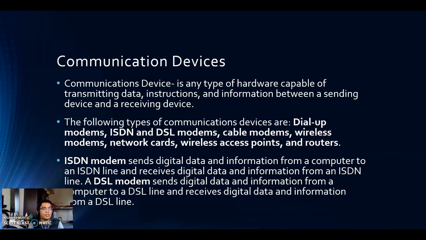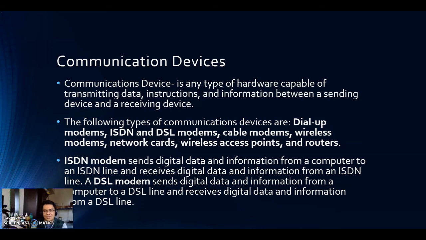What is a communication device? A communication device is any type of hardware capable of transmitting data, instructions, and information between a sending device and a receiving device. The following types of communication devices are dial-up modems, different types of modems like ISDN and DSL, cables, wireless modems, network cards, wireless access points, and routers.